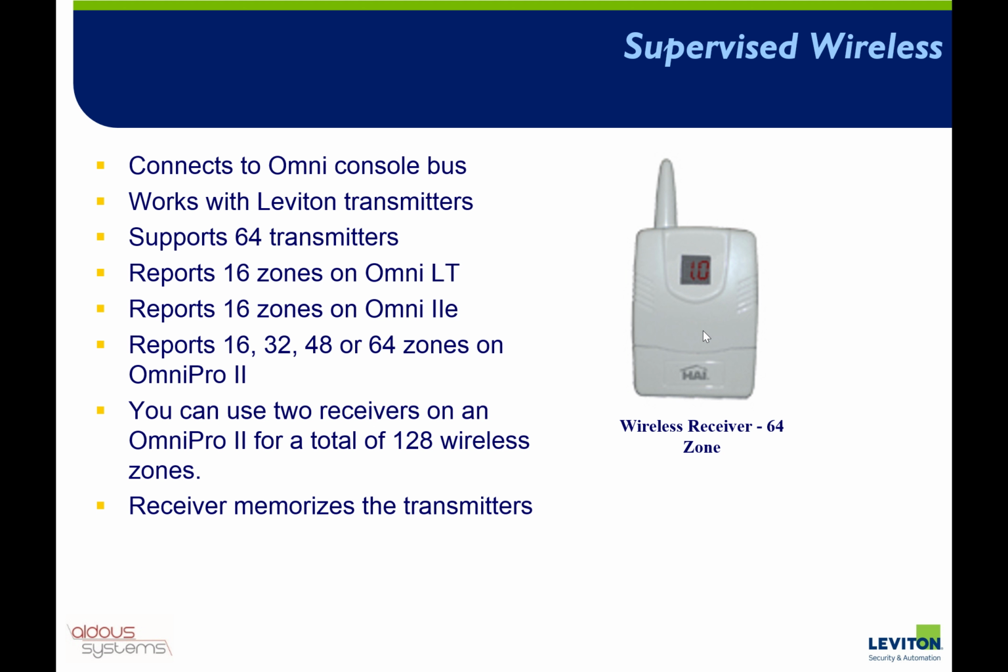You can put it wherever you like, and again use your 8-core alarm cable for this, and position it nice and centrally in the house to get good wireless signal. If it's a big project, you'll have used an Omni Pro 2, and an Omni Pro 2 can actually have 2 wireless receivers. So you can locate them around the property to get good signal coverage.